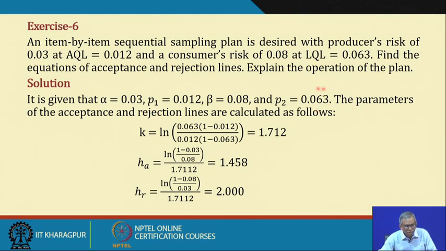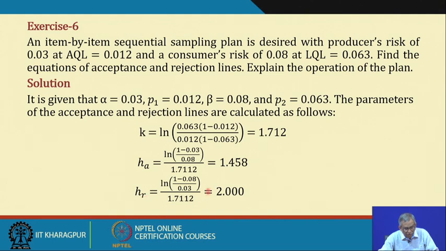The parameters of the acceptance and rejection lines are calculated as follows. That means, what will be the expression for k? We apply the formula, you refer to that particular formula, you get a value of 1.712, and similarly this is basically for the acceptance line. What is the intercept? That is HA, and these are the expressions. You get a value of 1.458, and this is the intercept for the rejection line, that is HR.